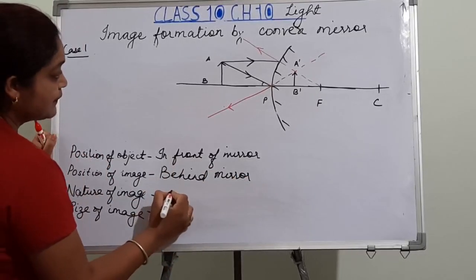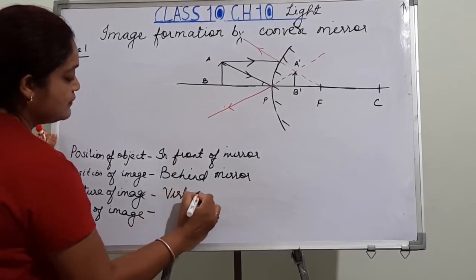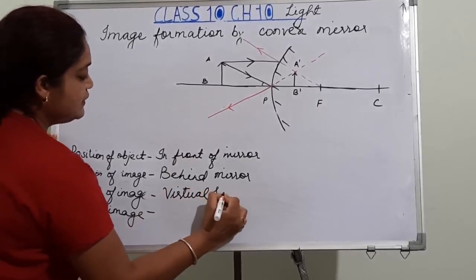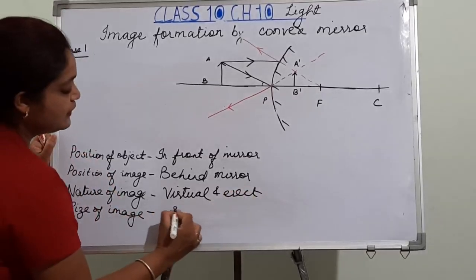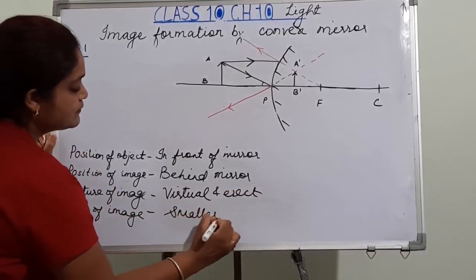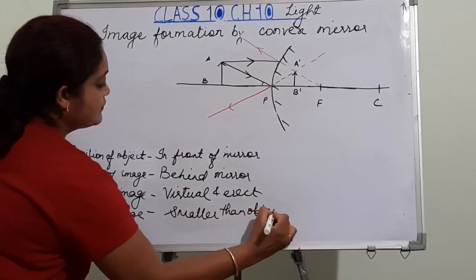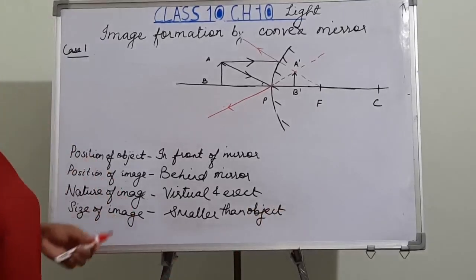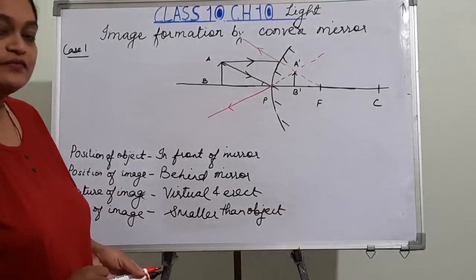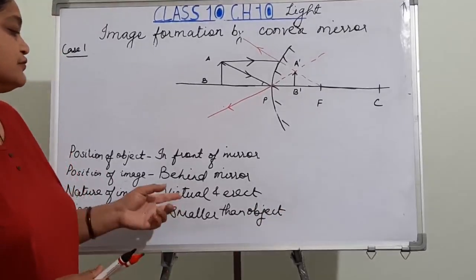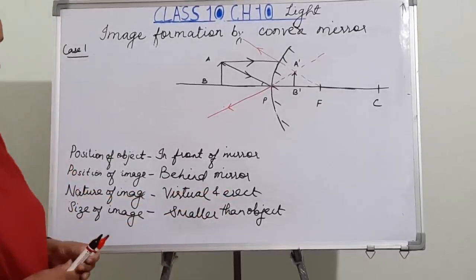Nature is virtual and erect. Size of image is smaller than the object. So you have seen that in both cases, the image formed by a convex mirror is virtual and erect, and it is smaller than the object.